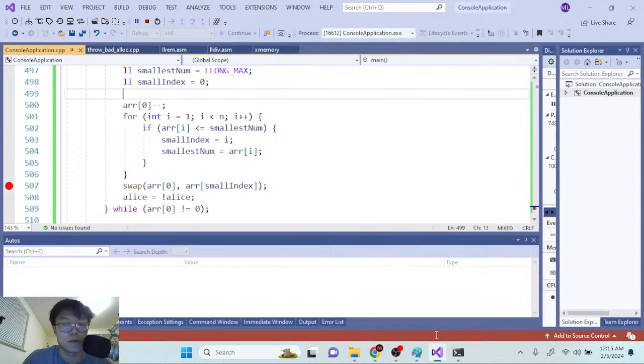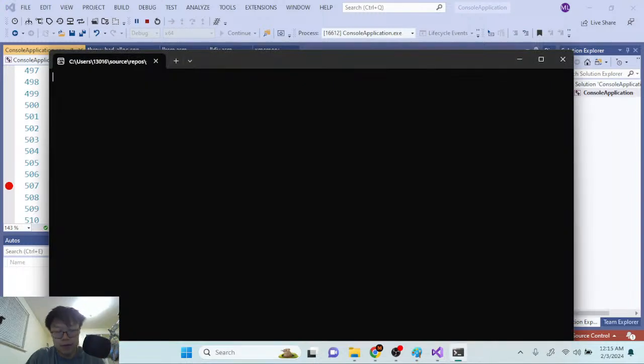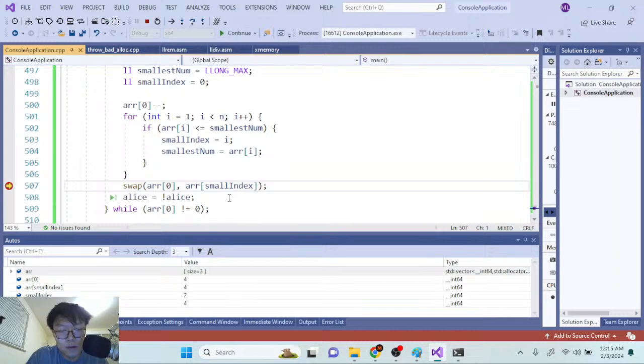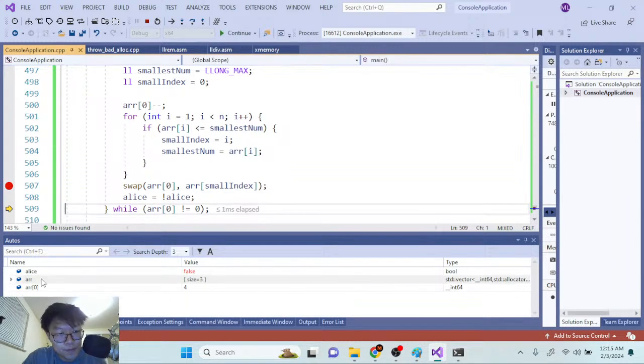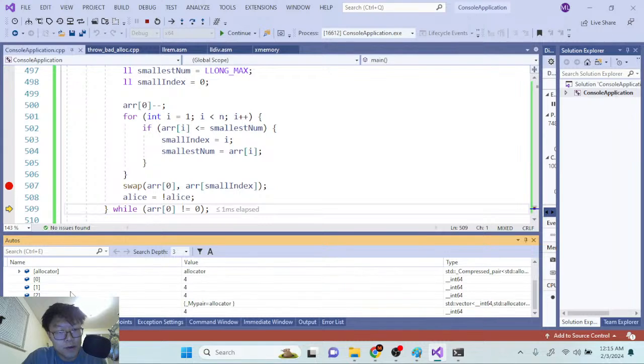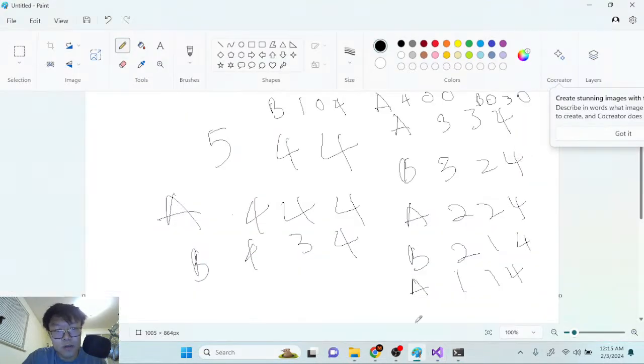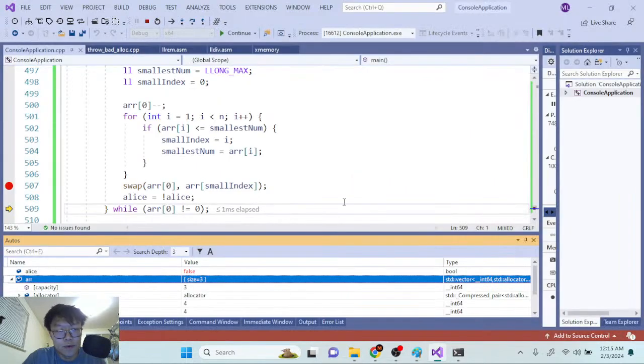Okay, let's just see why 1, 3, 5, 4, 4. What each of the numbers are giving us. All right, right now it's 4, 4, 4. Is that what we had in our picture? Yeah. All right.